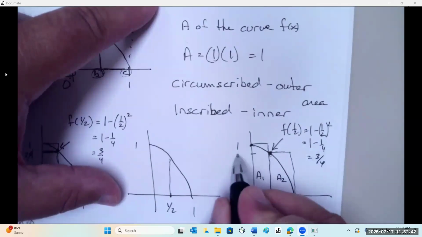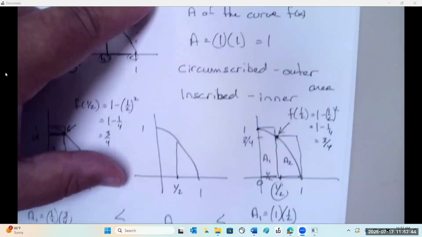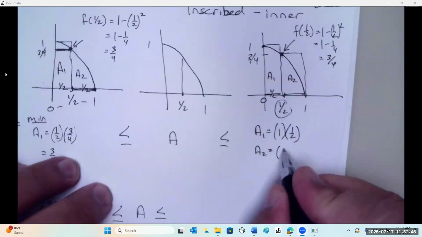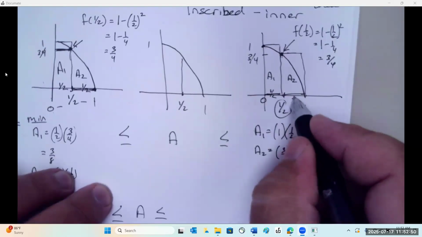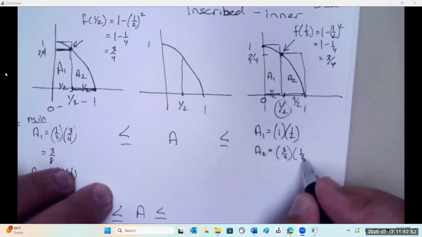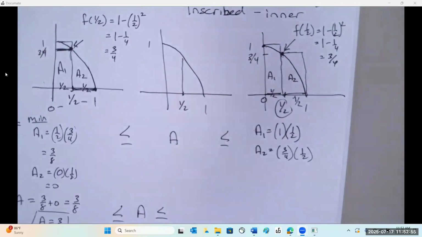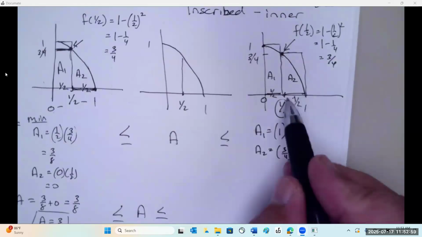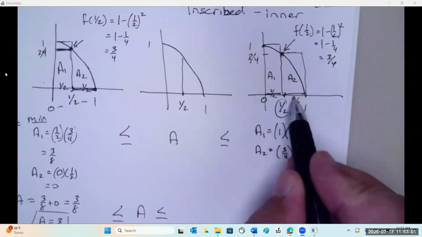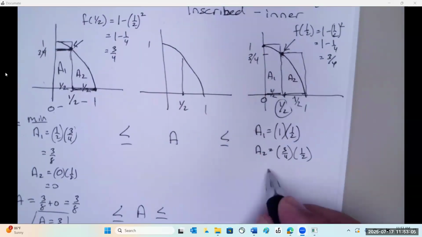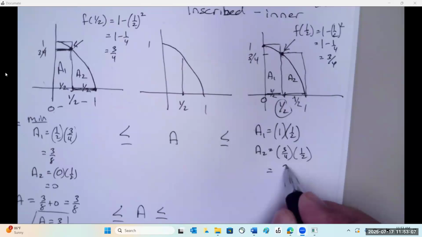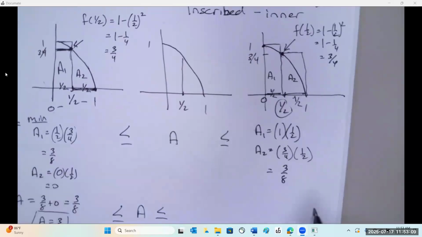So this value is at 3/4, times the delta x, which is 1/2. Remember, our formula for area is base times height. The base is the width of this thing, and the height is where it goes to touch the graph. So we have 3/8.